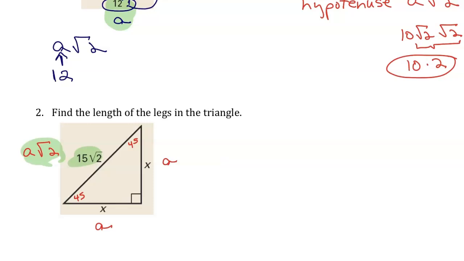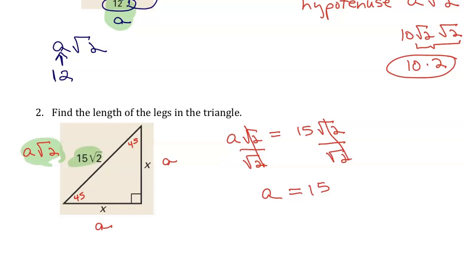Use that to get an equation. A root 2 equals 15 root 2. Get A by itself by undoing this multiplication by doing division. Those cancel, A is 15.